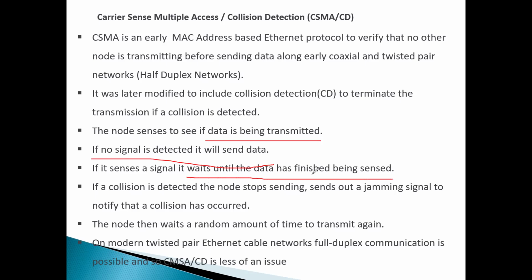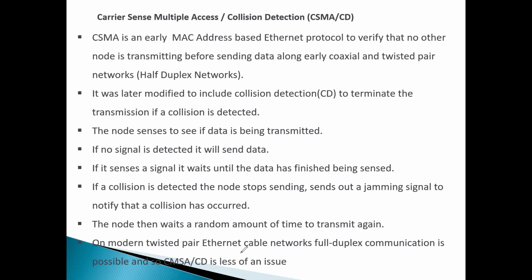So other computers will stop sending data until the network becomes free. If a collision is detected, collision means two computers have tried to send data. Now both have stopped. So the node sends out a jamming signal to notify that a collision has occurred, so they inform the others there is a collision. The node then waits a random amount of time to transmit again.